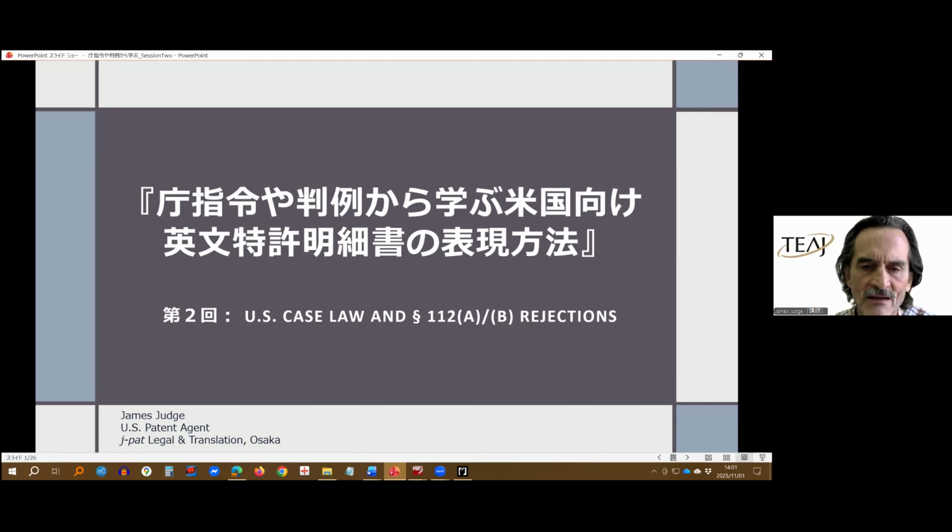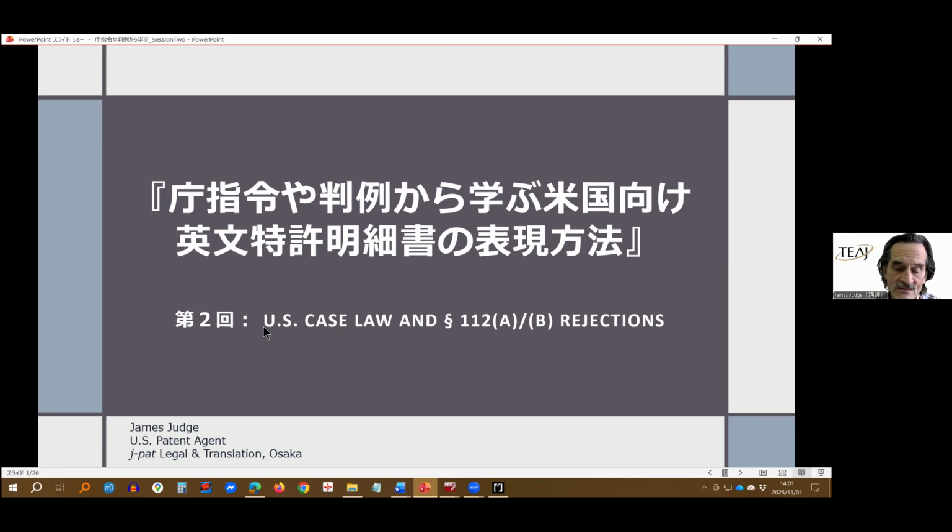This is the second of that two-part series. And as this first slide says, and as I put the title in both the handout and the pre-seminar exercises, today's theme is particularly focused on U.S. case law and indefiniteness and other issues in claims that have been translated from Japanese.